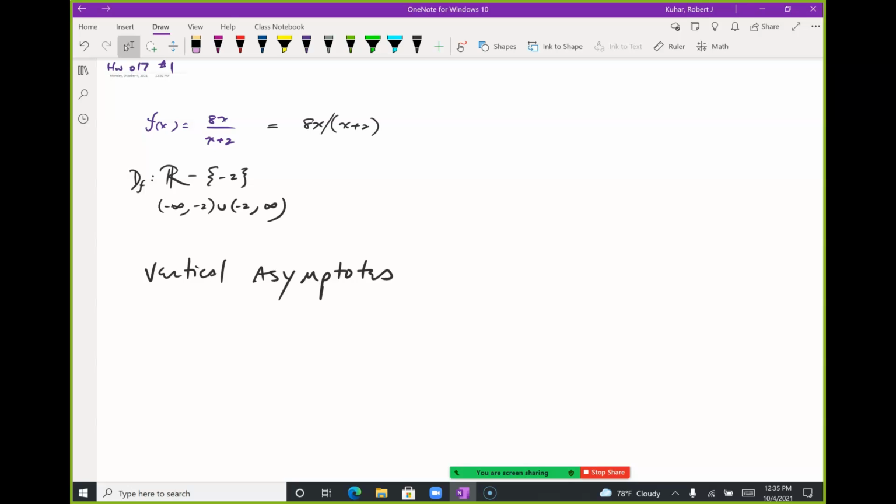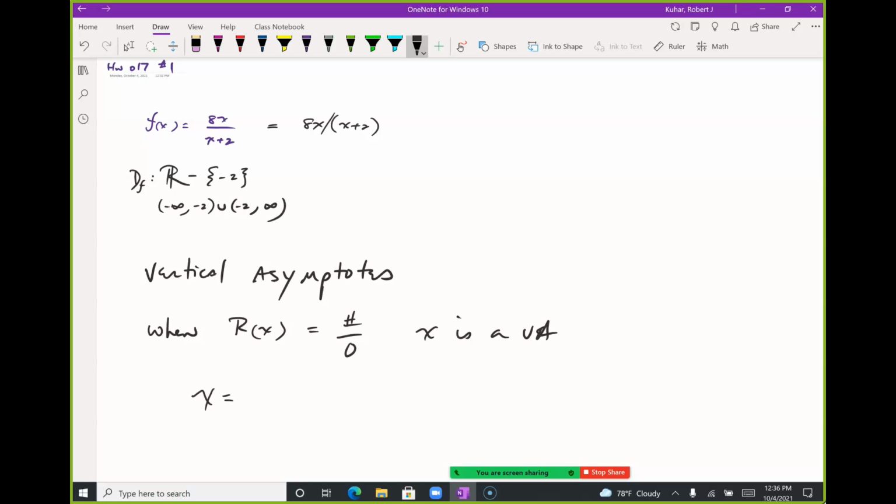So vertical asymptotes occur when the denominator is 0 and the numerator is not 0, okay? When r of x equals a number over 0, x is a VA, a vertical asymptote.